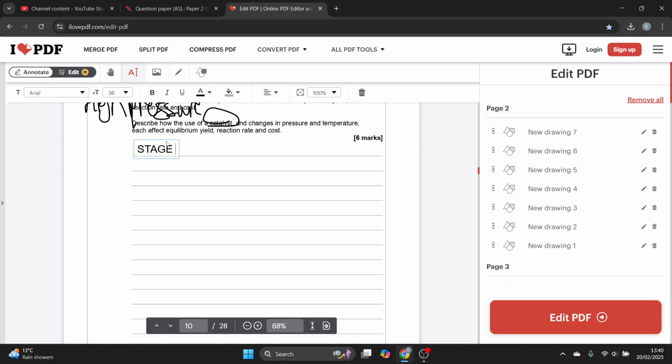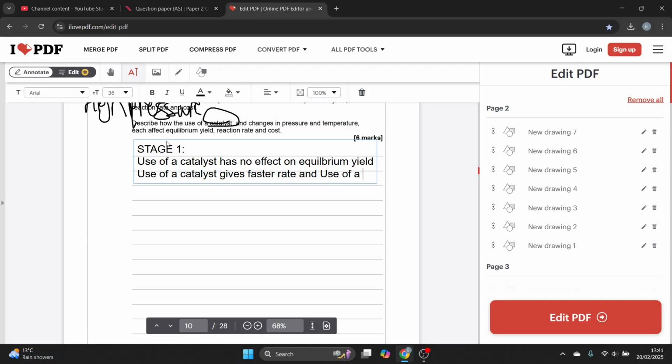So stage 1, let's talk about catalyst. Use of a catalyst has no effect on equilibrium yield. That's a key fact. However, use of a catalyst gives faster rate and use of a catalyst lowers costs.